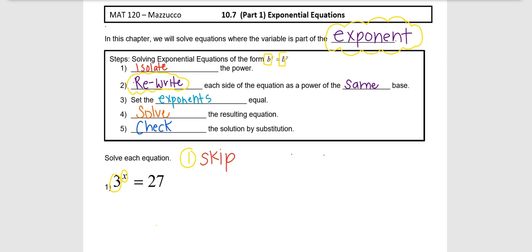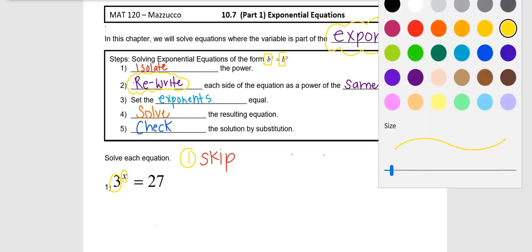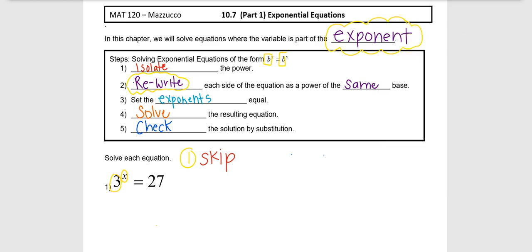So we have to look at both sides and ask ourselves, can we change the 3 and the 27 to the same base? So for example, on the left side, we can keep that as 3 to the x. And we can change 27. Instead of 27, 27 is the same thing as 3 to the third power.